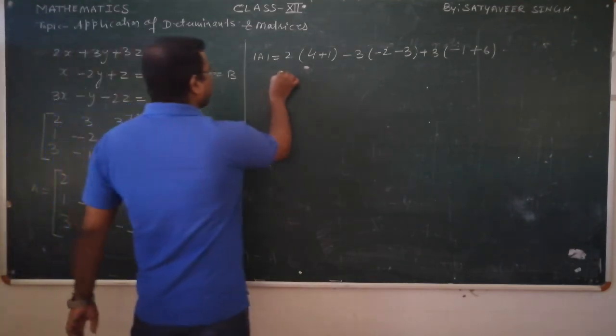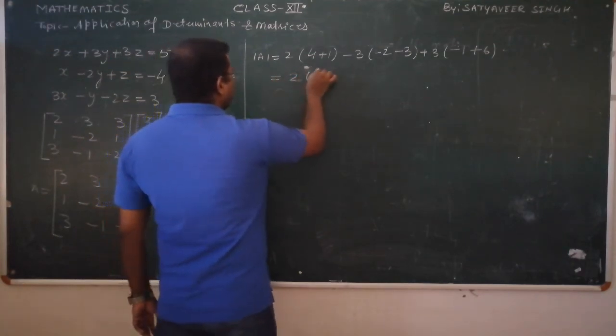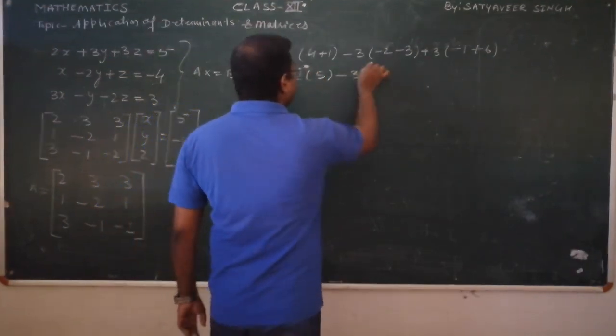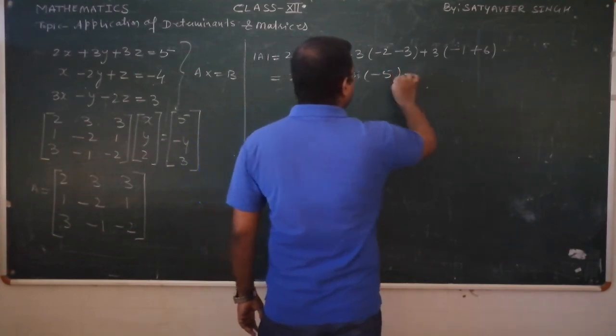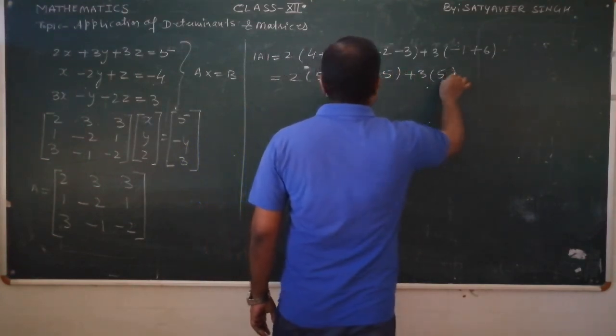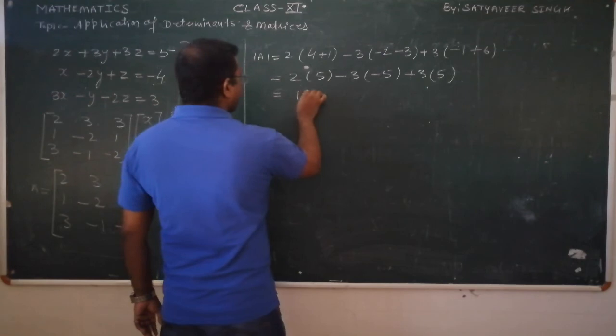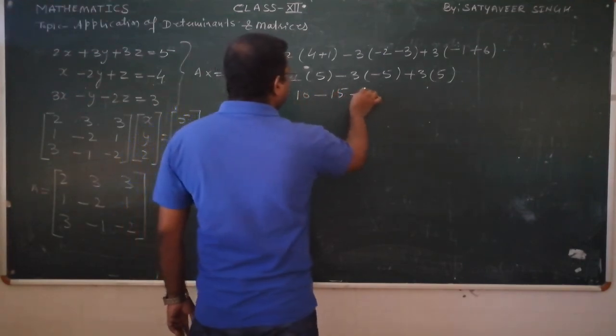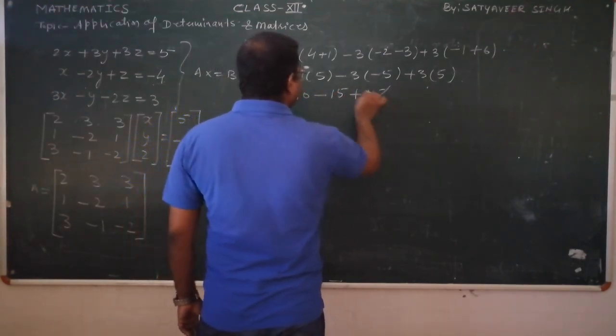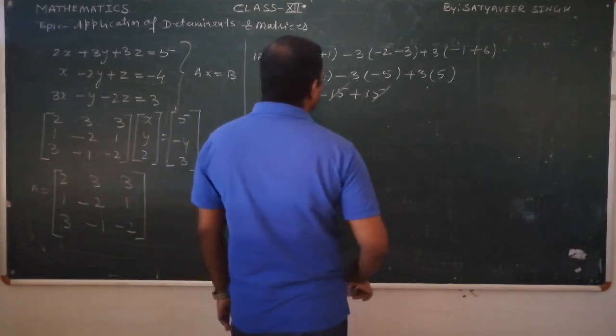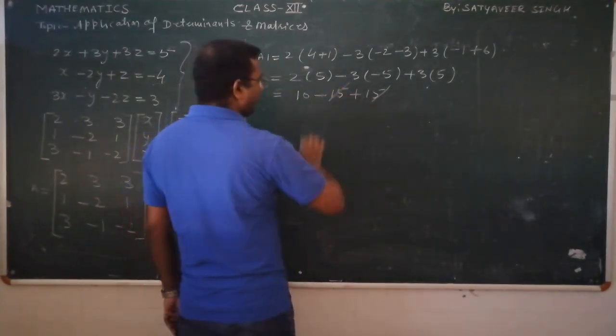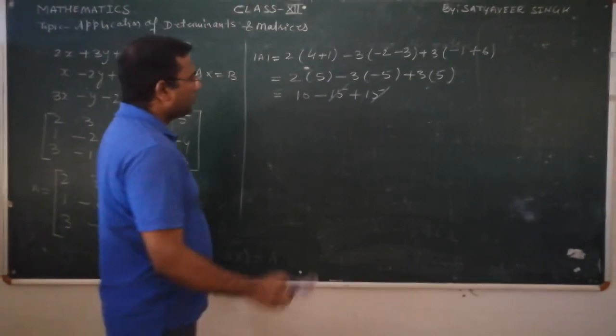It is absolutely correct. So we can write now it is 2 into 5 and minus 3 minus 5 plus 3 and 5. So which is 10 minus 15 and plus 15. Sorry student, here it is plus 15 only, not minus 15.